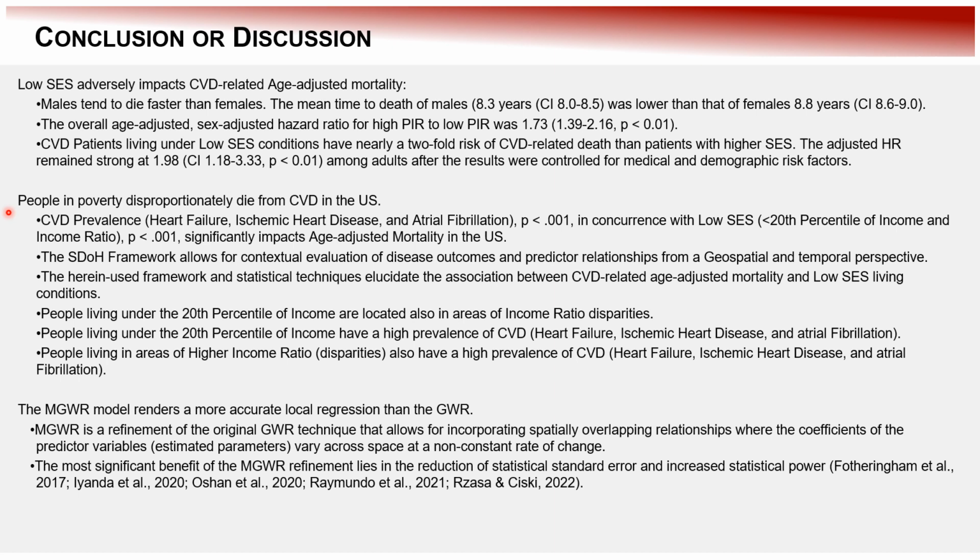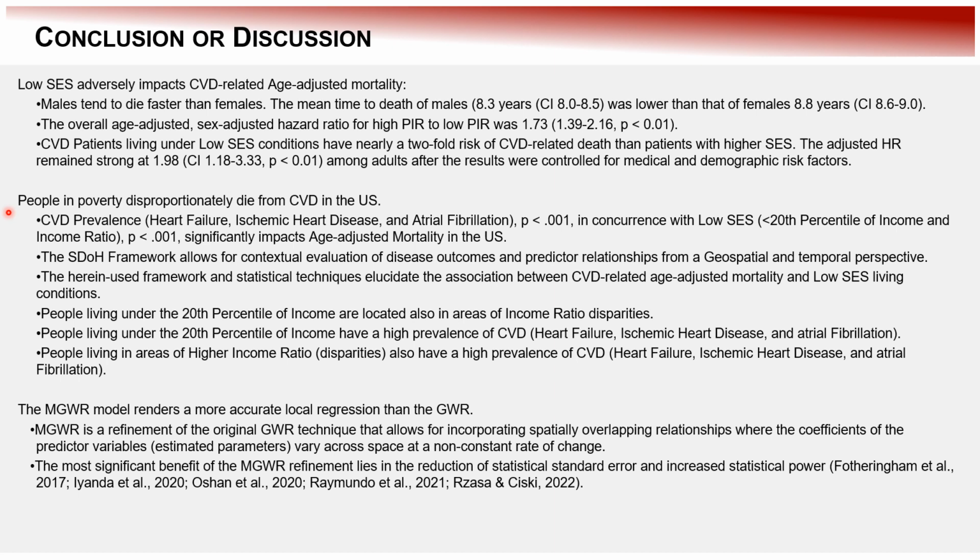To this effect, cardiovascular disease prevalences such as heart failure, ischemic heart disease, and atrial fibrillation, in concurrence with low socioeconomic status, significantly impact age-adjusted mortality in the United States, specifically in the areas that were pointed out, the southeastern part of the United States, where it's greatest or most significant.